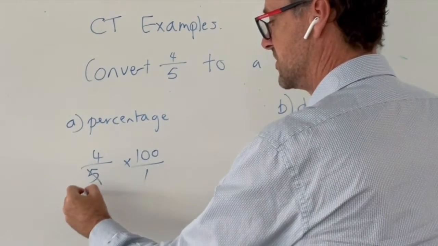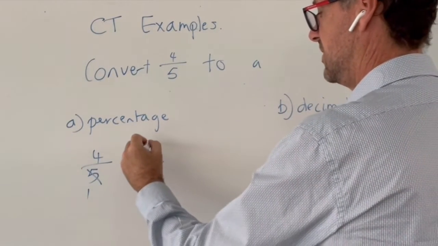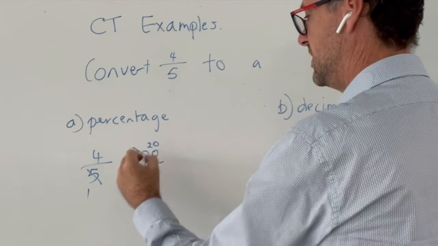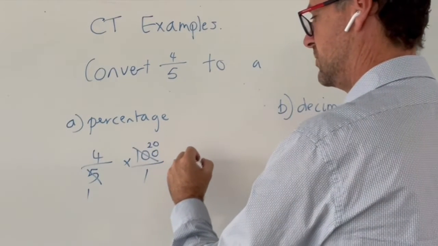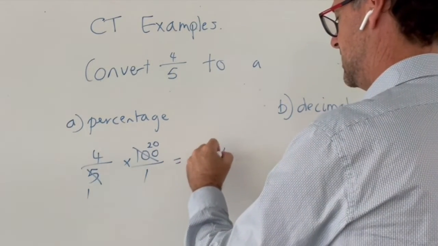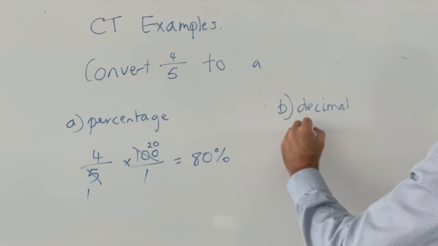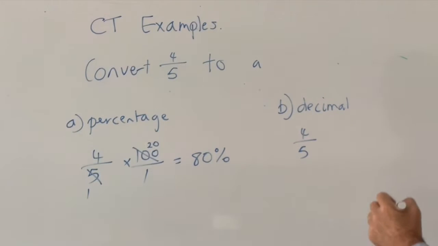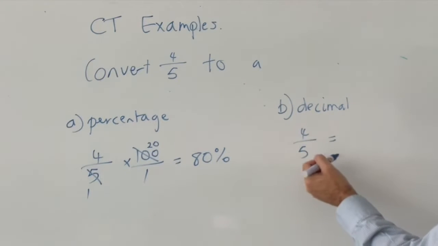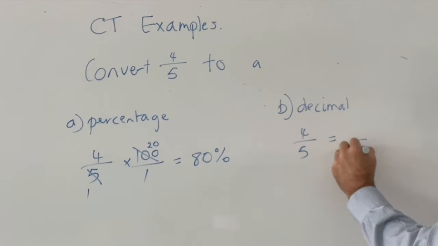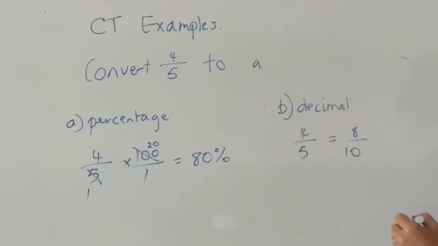So 5 goes into itself once, and 5 goes into 100 20 times. So therefore that will equal 80%, okay?